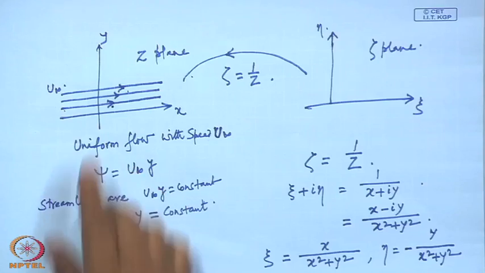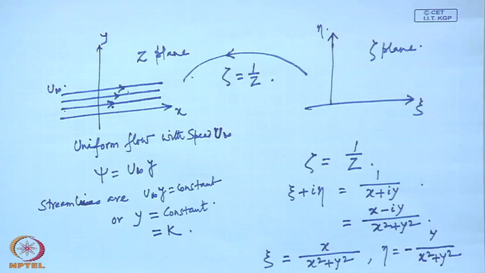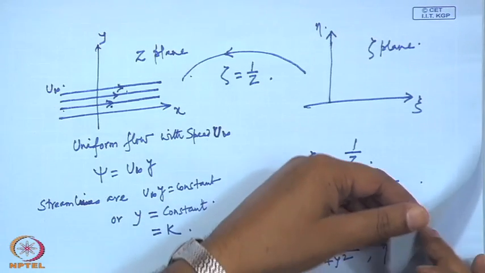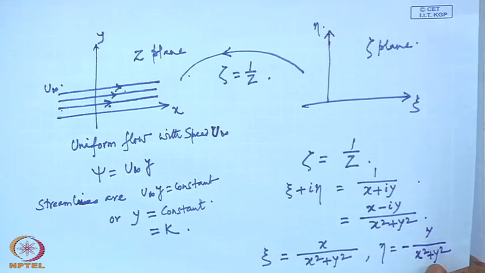Now, the points on the physical z plane are characterized by y equal to constant. Say for simplicity, let us write k. Now, if we want to transform these streamlines, then this y is constant k. So, we can put y equal to k here.